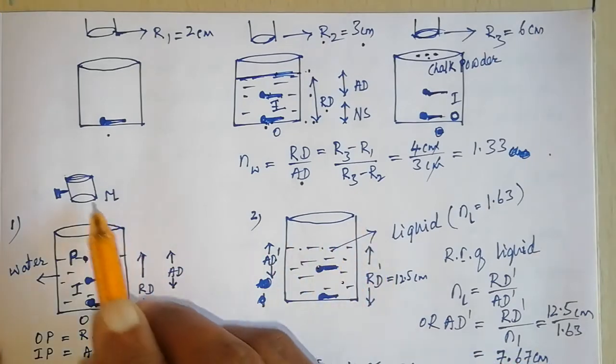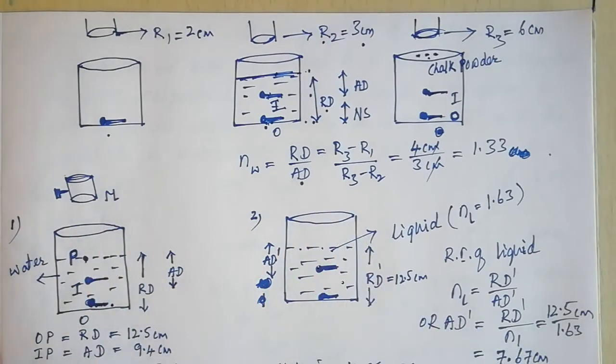So the microscope has to be moved through a height of 1.73 centimeter in the upward direction to focus the needle when the vessel is filled with liquid instead of water.